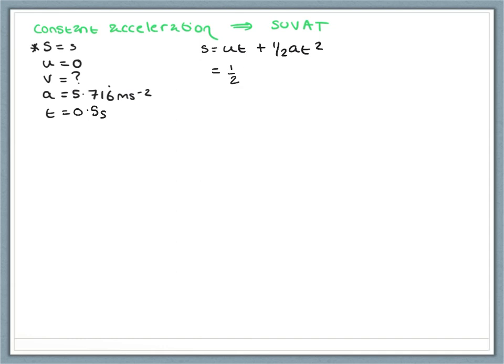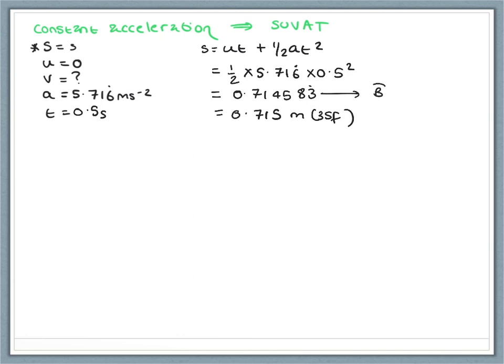So that's a half multiplied by the acceleration multiplied by the time squared, and this gives us a value of 0.714583 recurring, which we will round to 3 significant figures, but we will store the unrounded value in a calculator memory in case we need it. So this is the answer to part A.